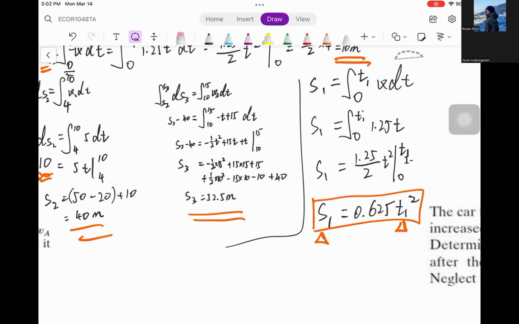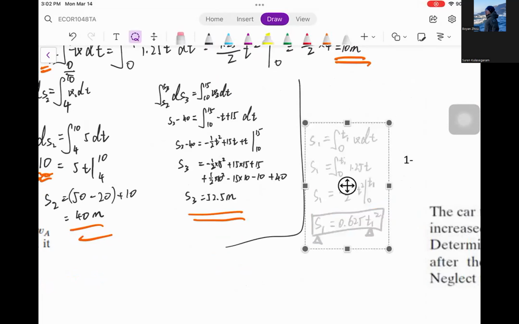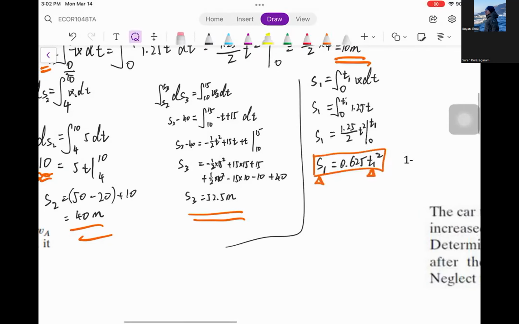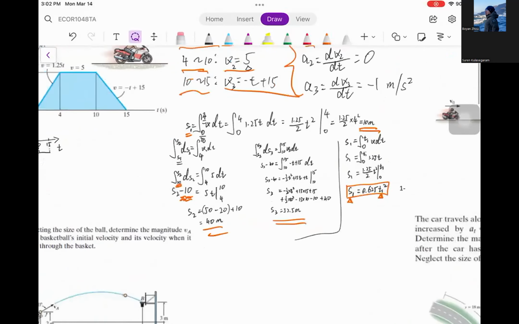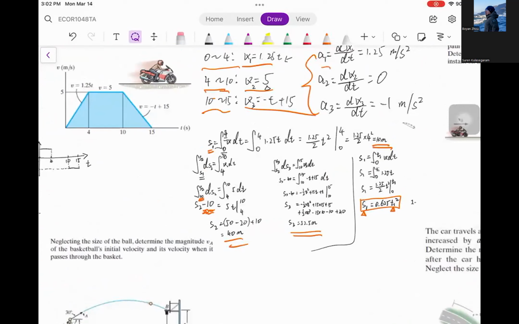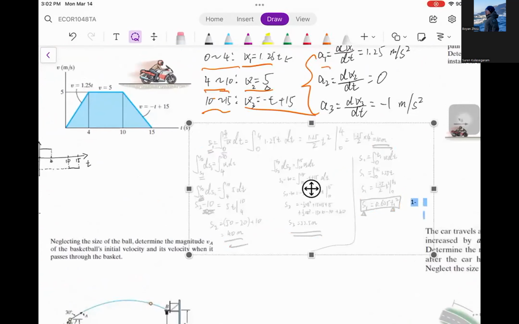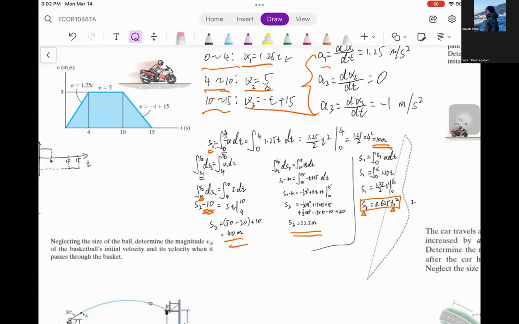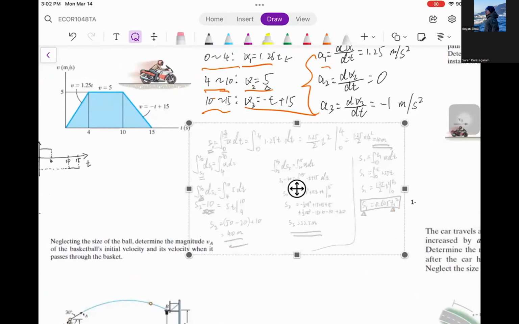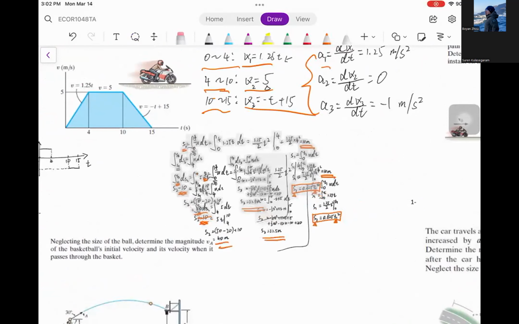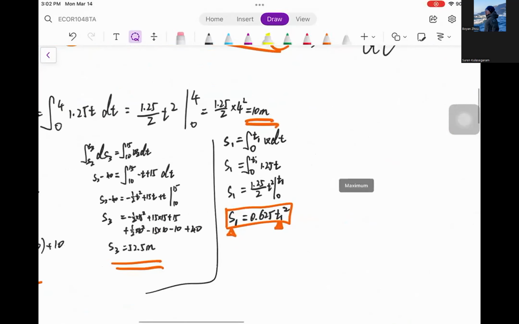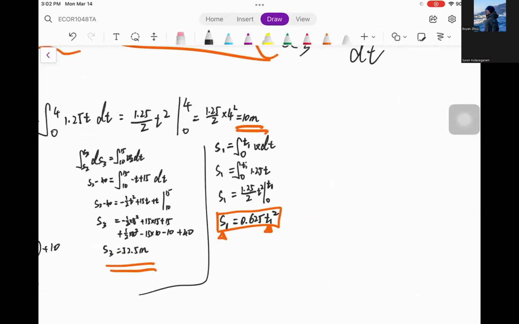And we're just going to repeat the same procedure for T2 and S2, and S3. Also for S2, remember we need to change the boundary.